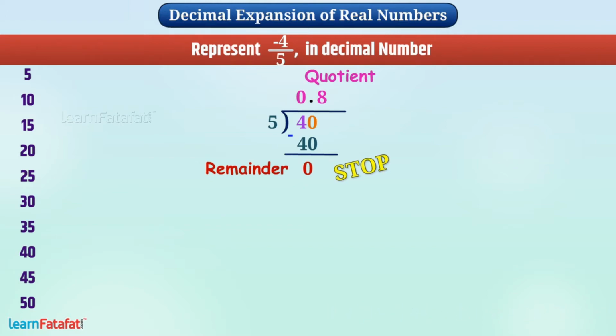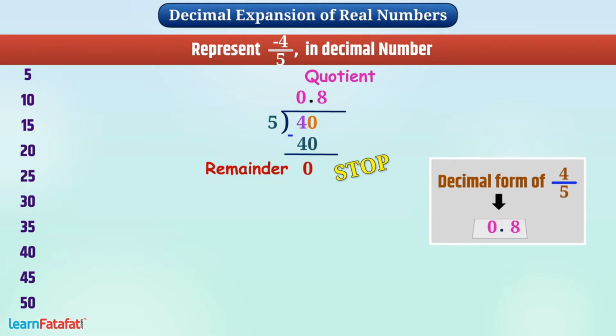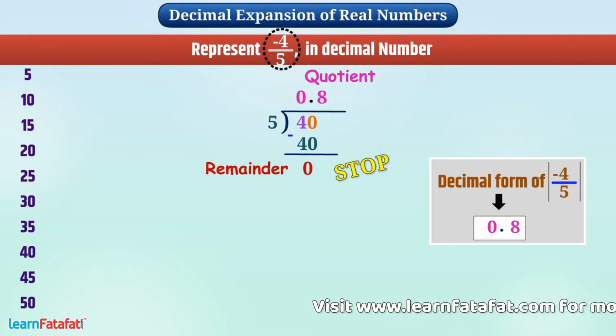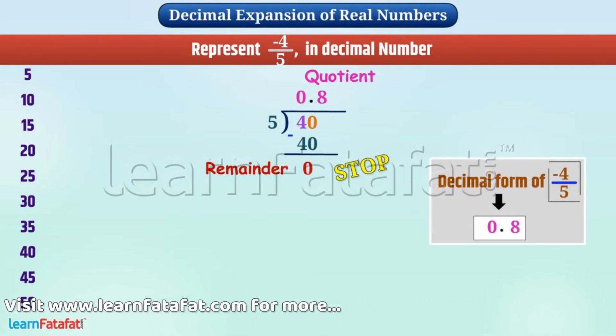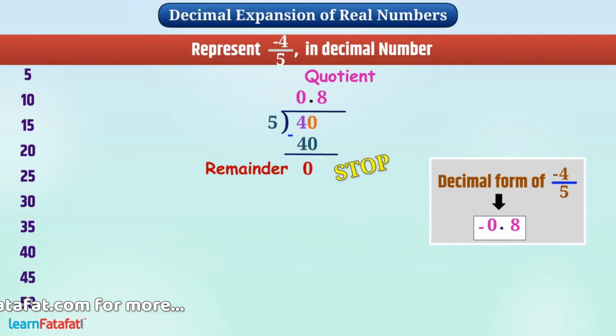Here we stop. So, the decimal form of 4 by 5 is 0.8. But since the number is negative, hence we put a negative sign before the decimal number. That is, the decimal form of minus 4 by 5 is minus 0.8. This decimal number is also a terminating decimal number.